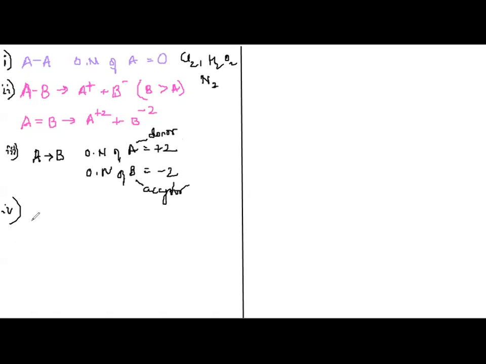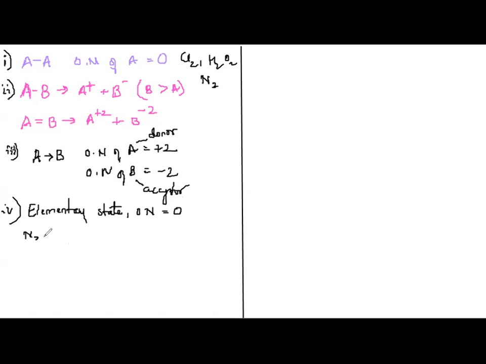Next rule: the oxidation number of all atoms of different elements in their respective elementary states is taken to be 0. If the atom exists in elementary state, the oxidation number is 0. Elementary state means what?